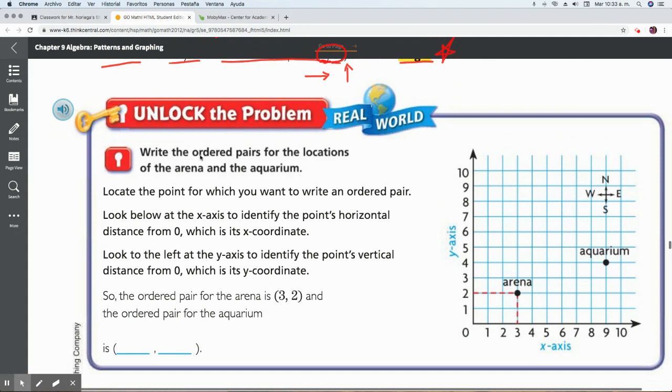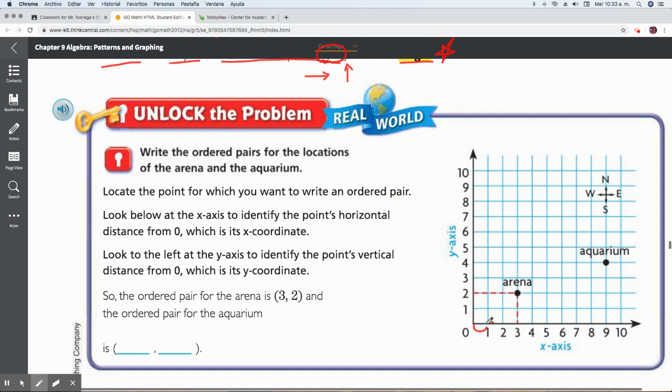Write the ordered pairs for the locations of the arena and the aquarium. Locate the point for which you want to write an ordered pair. Look below at the x-axis to identify the point's horizontal distance from 0, which is its x-coordinate. Look to the left at the y-axis to identify the point's vertical distance from 0, which is the y-coordinate. For the arena, we're going to find the first number in our ordered pair. We start from 0 and count how many steps.